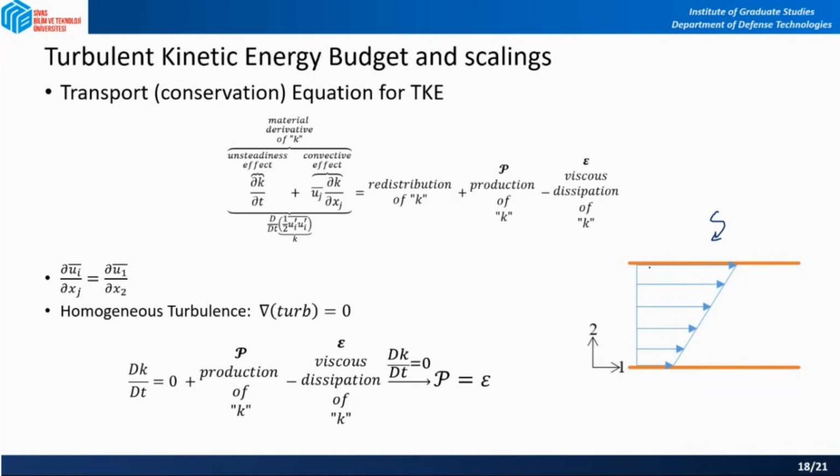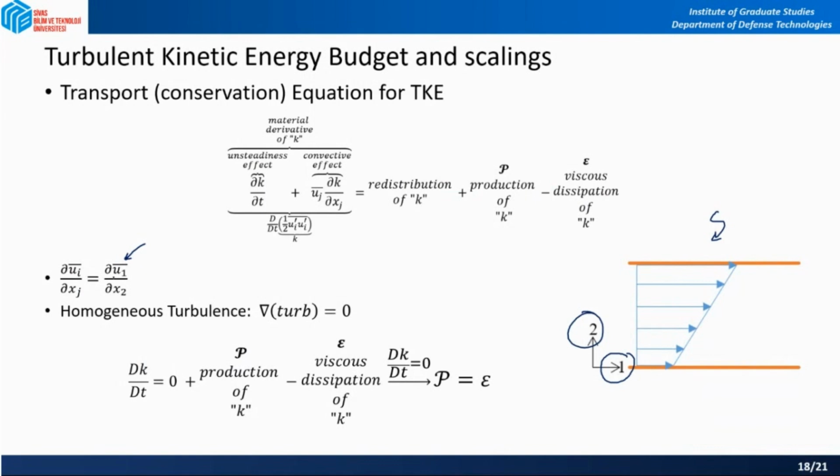For this specific type of flow, dui dxj is du1 dx2. So suppose that this is direction 1, this is direction 2. So your dui dxj only has one component, and all other components will be 0.